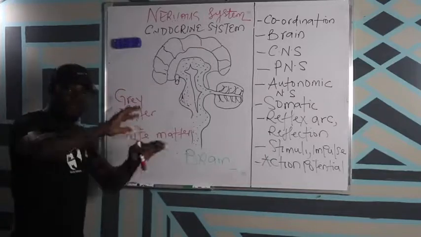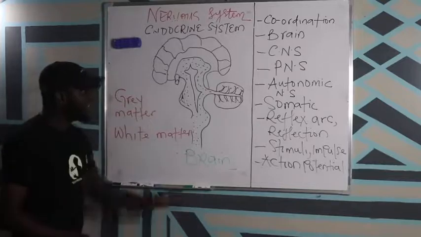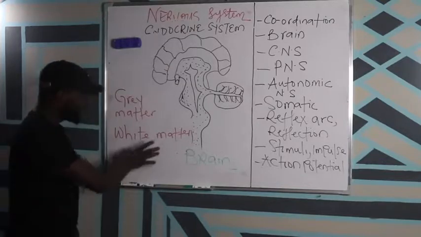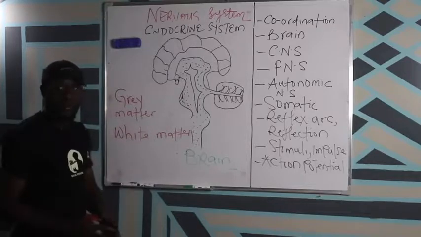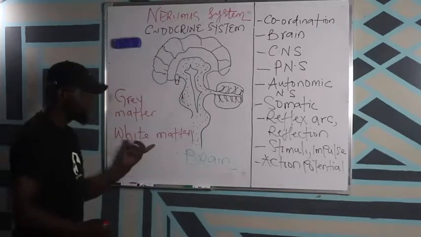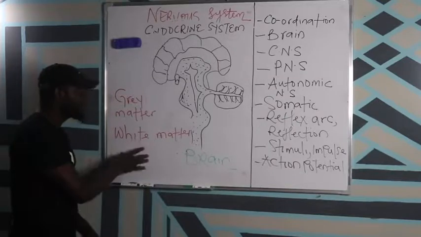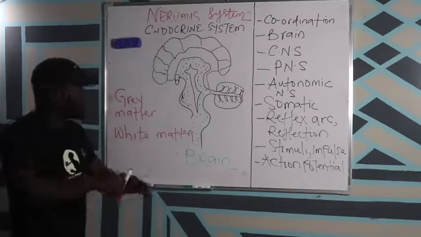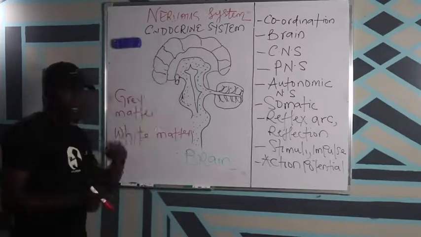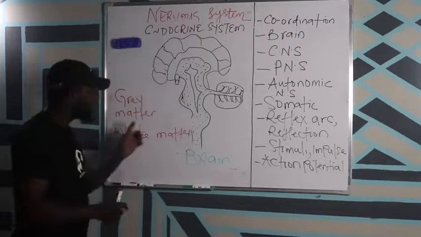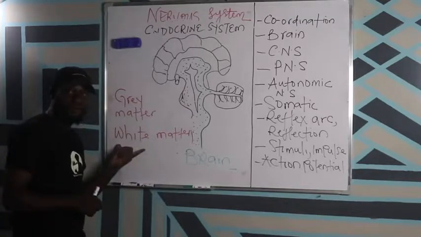The inner part of the brain is formed by white matter, which are nerve fibers called axons. So the outside of the brain is gray matter, the inside of the brain is white matter.